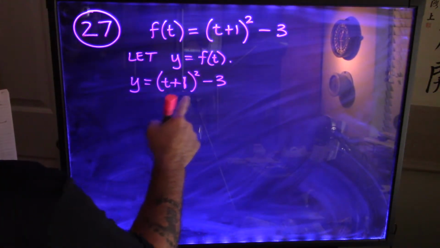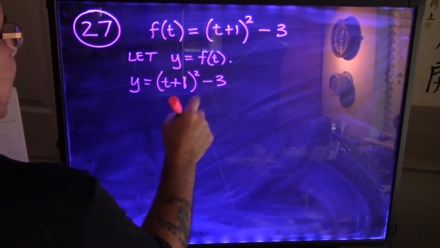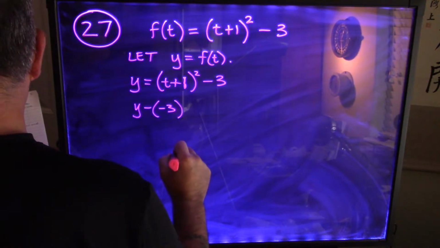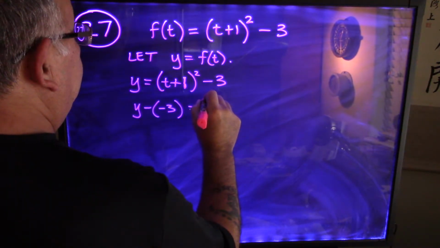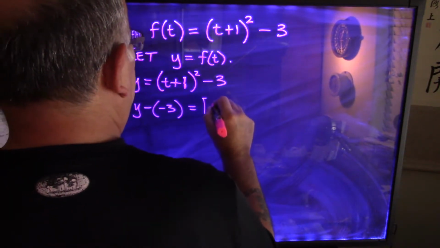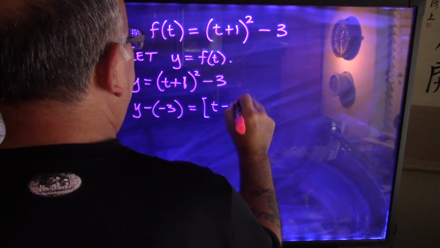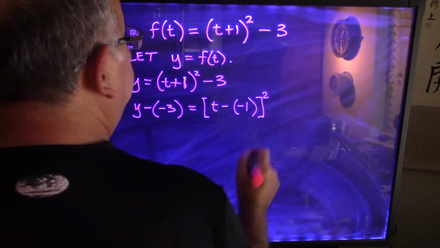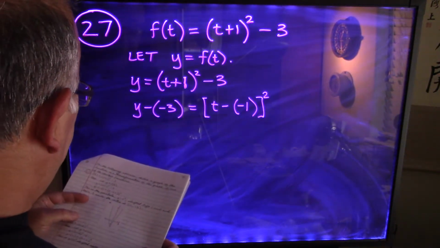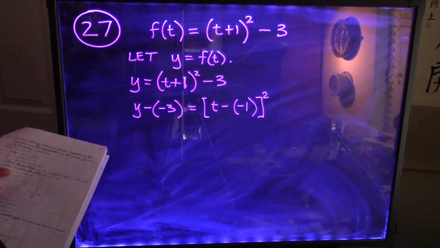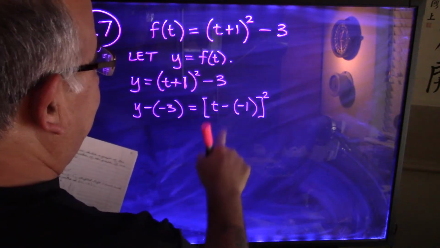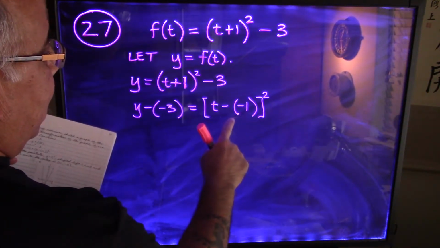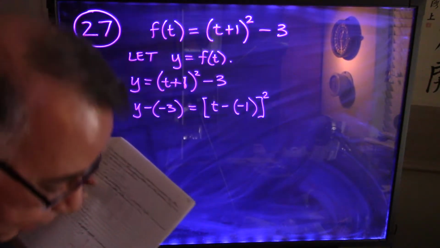And I'm going to move this -3 to the other side, so subtracting that from both sides, I've got y minus -3, or same as y plus 3, equals t, write that as t minus a -1 instead of plus 1, and then squared. Alright, so basically what we have here is a parabola, y equals t squared, but it's been, this tells you here, think the t-axis this time instead of the x-axis.